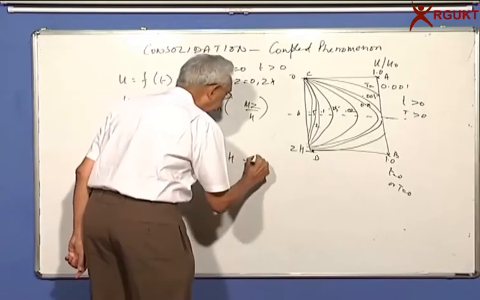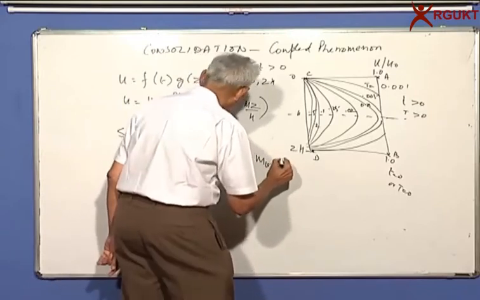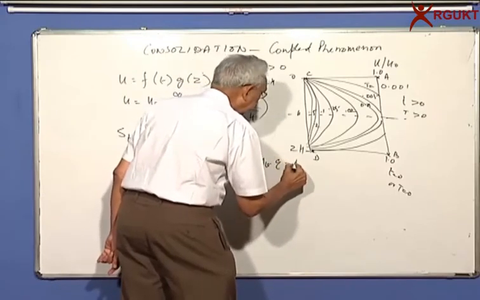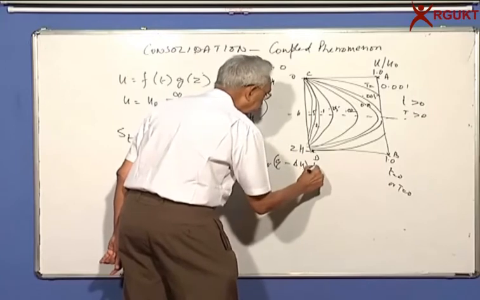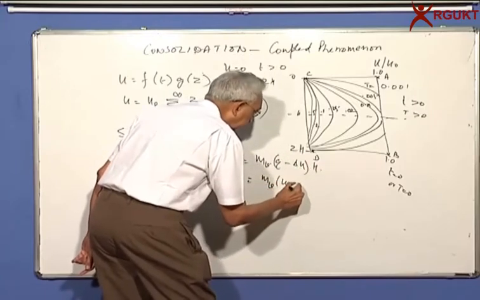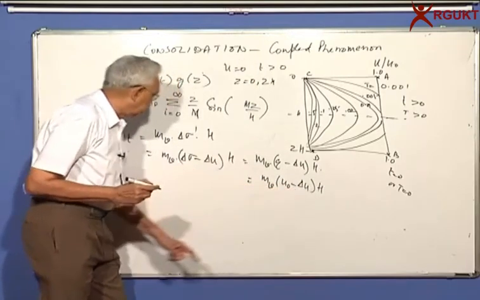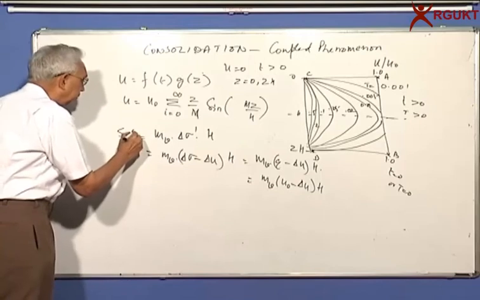We can also say mv into (q minus delta u) into h, or mv into (u naught minus delta u) at h. But these are functions of time t, so this is the settlement at any point z.